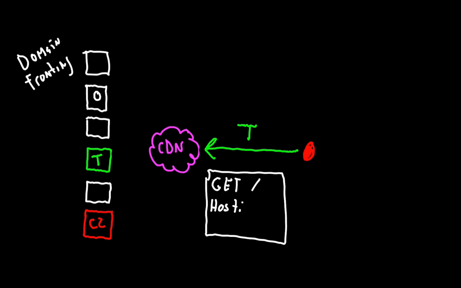And you can put in, instead, your C2 server. And the CDN will direct the traffic to the right place and use your C2 server's response to respond to this request. So that's domain fronting. That's how it works.